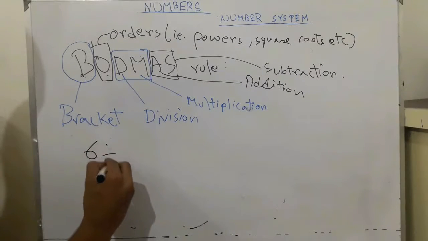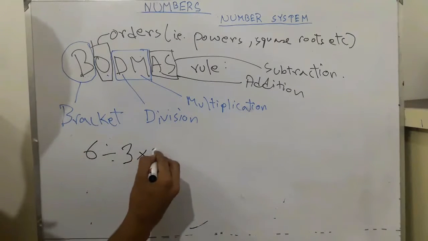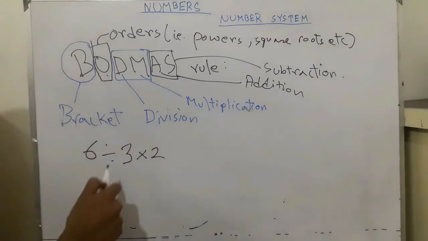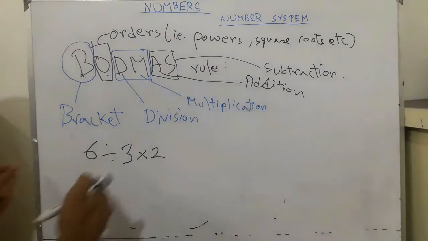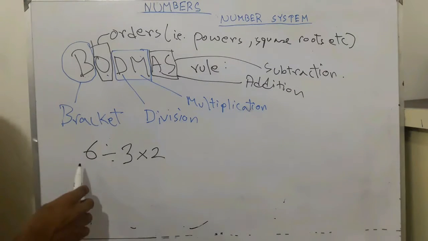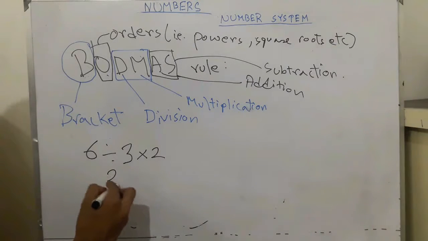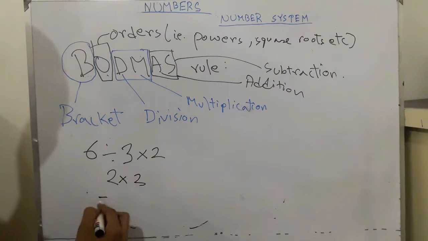For example, 6 divided by 3 into 2. See, there is a division and also a multiplication. So we have to go from left to right. So when you go from left to right, first you have to complete 6 divided by 3. That will be 2 into 2. So it will be 4.